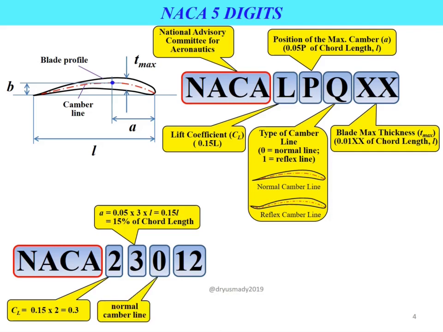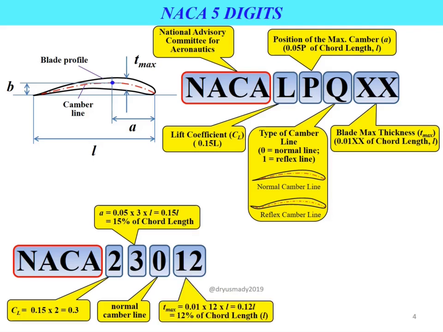Okay, from term number 4, the type of camber line. Because in the 5-digit code the value used for Q code is equal to 0, for this NACA 5-digit code the blade will use a normal camber line.